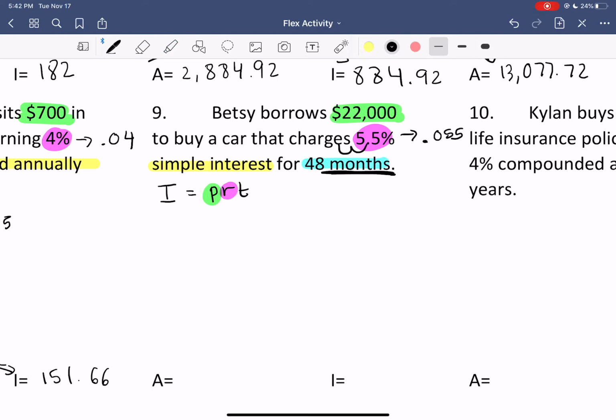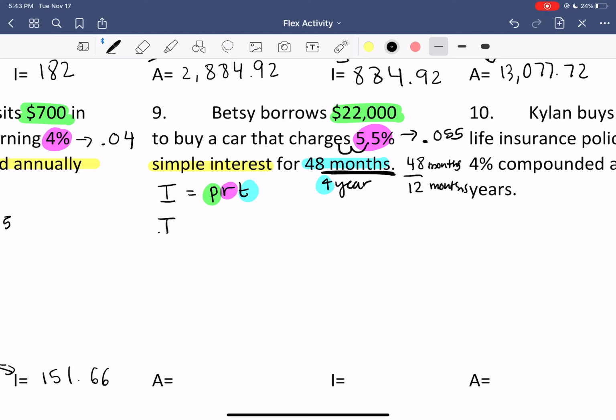But here's our problem: months needs to be years, so we take 48 and divide by 12. 48 divided by 12 gives you 4 years. This is the number we're going to put in for our time.